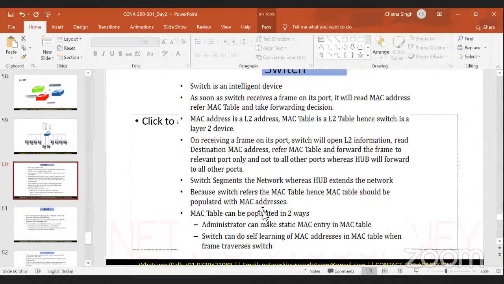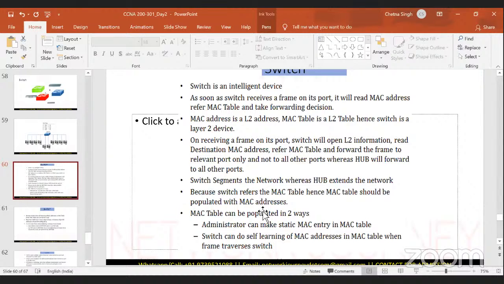It will first check where the frame has come from, and it will not directly go to the destination first. It will first check from where this frame has arrived, which MAC address you are holding, which port number you are sitting on, which interface. I'll refer to my table, and if your entry is not there, I'll update that entry in my table.